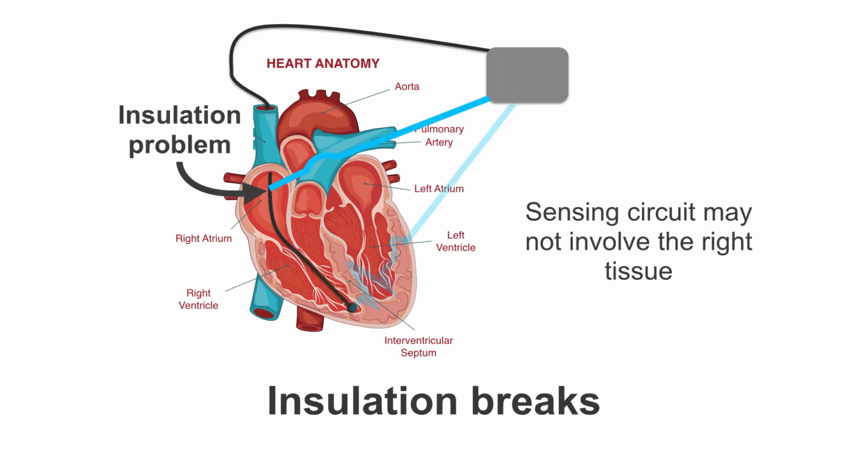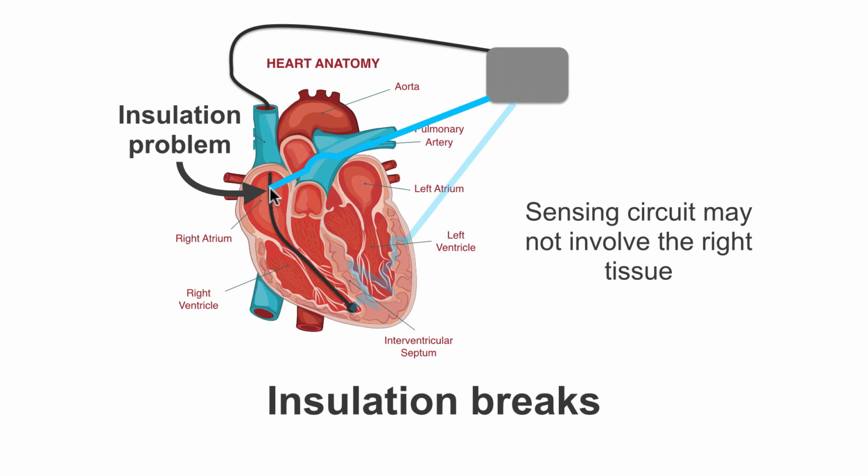It could also be indicative of a problem with the lead insulation. Now, pacemaker leads have a metal wire that is insulated by a non-conductive material. This ensures that the electrical current makes it all the way down the lead before leaving at the exposed electrode, the metallic electrode. Unfortunately, the insulation of a lead can sometimes break.